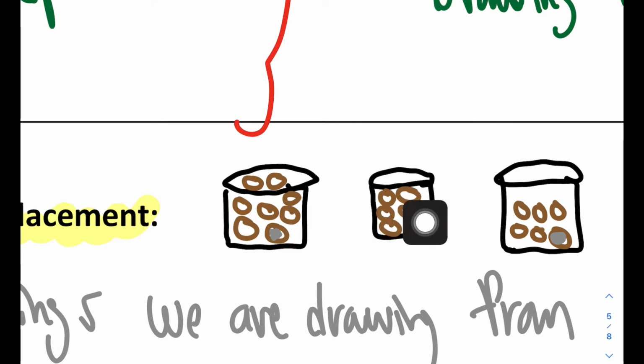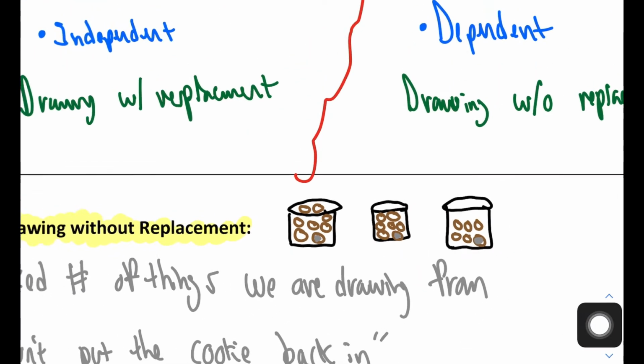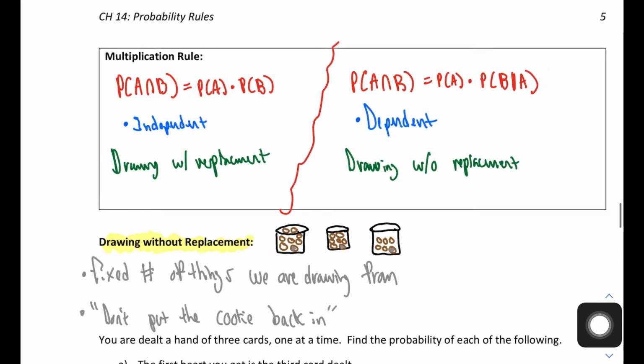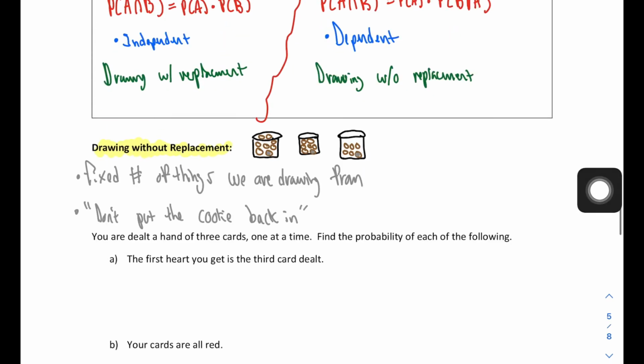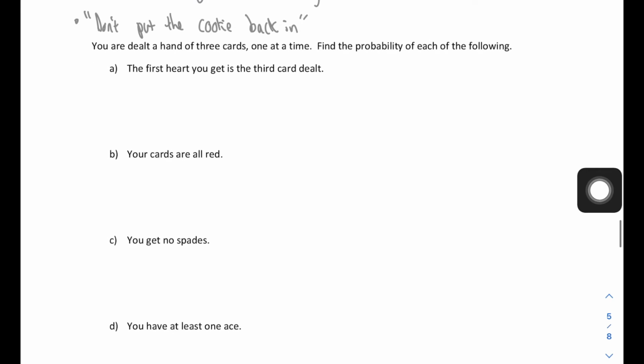On the next day, since I replaced it, there would still be 8 cookies in the jar, so the probability of picking the gray one would still be 1/8. So it really depends situationally whether you have an independent event or a dependent event. You'll see that in this example here.